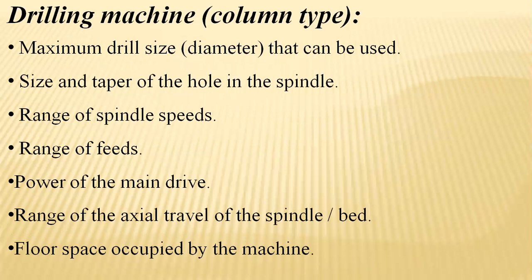In this, the specifications that need to be known and operated on are the maximum drill size or diameter that can be utilized, the size and taper of the hole within the spindle, and the range of spindle speeds related to RPM, at what rotations per minute the work is to be progressed, and the range of feeds.